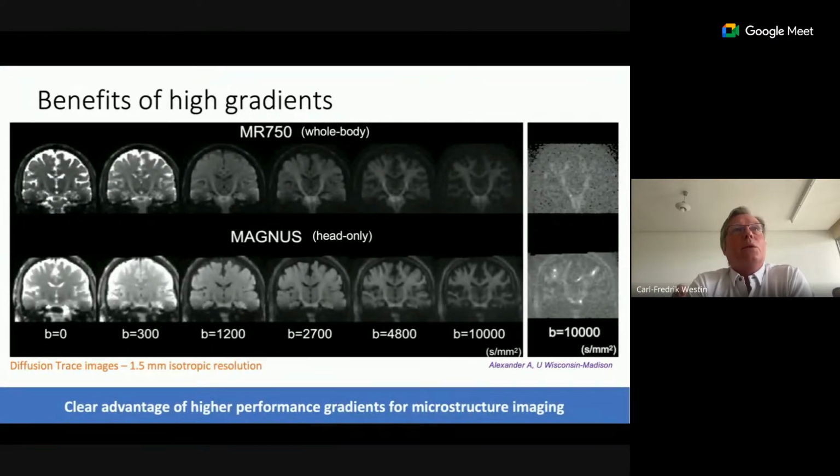You can see if you go higher than 1200 on the clinical scanner, you lose a lot of signal, and in the end you don't get anything. With the Magnus system, you can go almost up to 10,000 and still have very good signal. That means you can look at much smaller things and get more resolution in all your diffusion measurements.